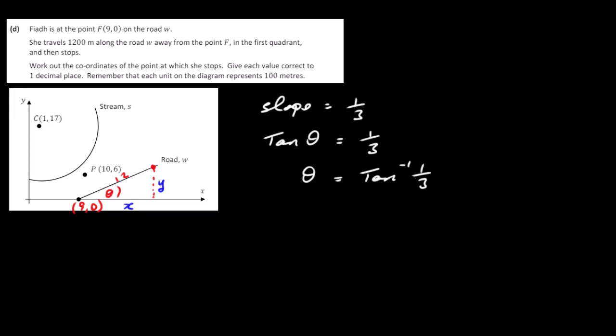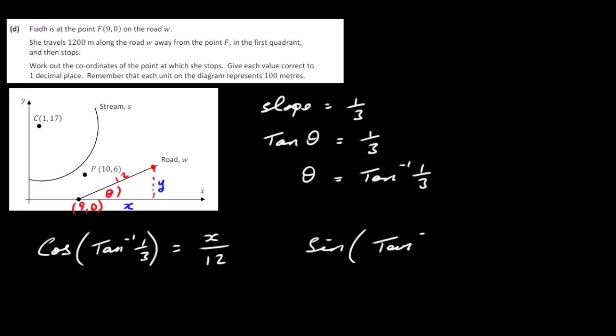I'm going to write down the cos and the sine of this angle here. If I take the cos of tan inverse 1 over 3, I could work this out on my calculator, but I'll just leave it as it is, that is equal to x over 12. Similarly, the sine of tan inverse 1 over 3 is equal to y over 12.